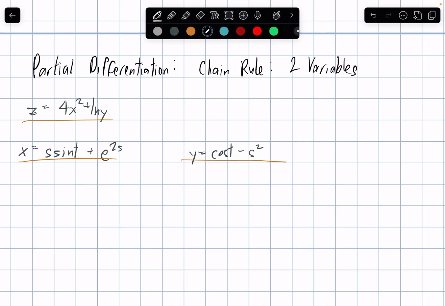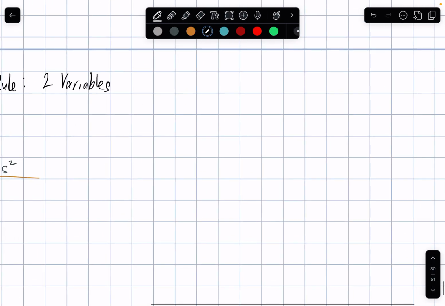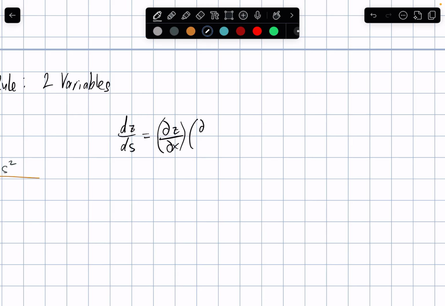The formula typically for the one involving two variables is this. dz over ds is equal to partial z over partial x times partial x over partial s plus partial z over partial y times partial y over partial s.